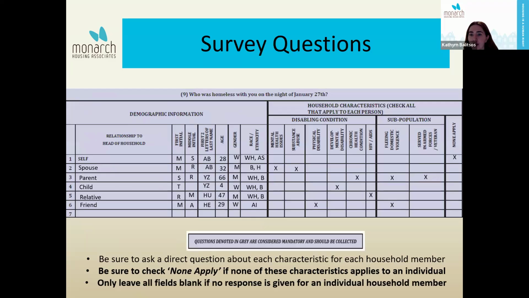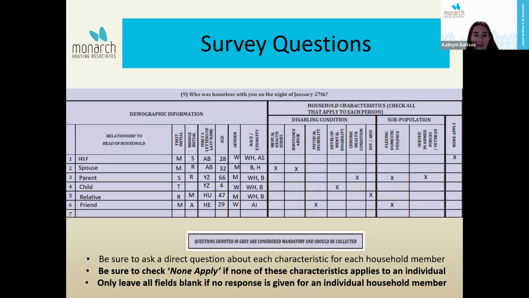And this is what it might look like. As an example for question 10, you have 6 members of the household. You've got their initials and the first letter of their last name, how old they are, their gender, their race and ethnicity, and then any of these household characteristics that apply.